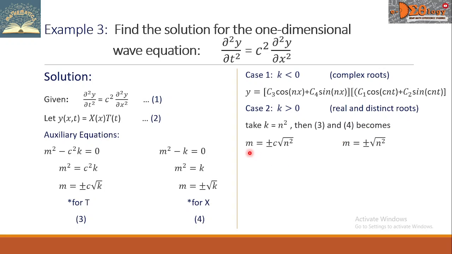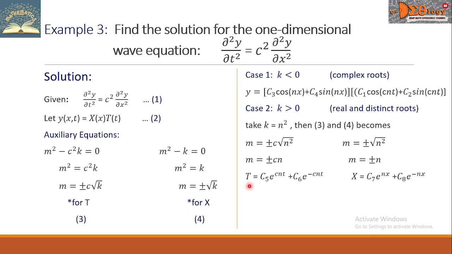For equation 3, m equals plus or minus c times the square root of n squared. For equation 4, it becomes m equals plus or minus the square root of n squared. Solving for m respectively, m here is equal to plus or minus c times n, and in here m equals plus or minus n.